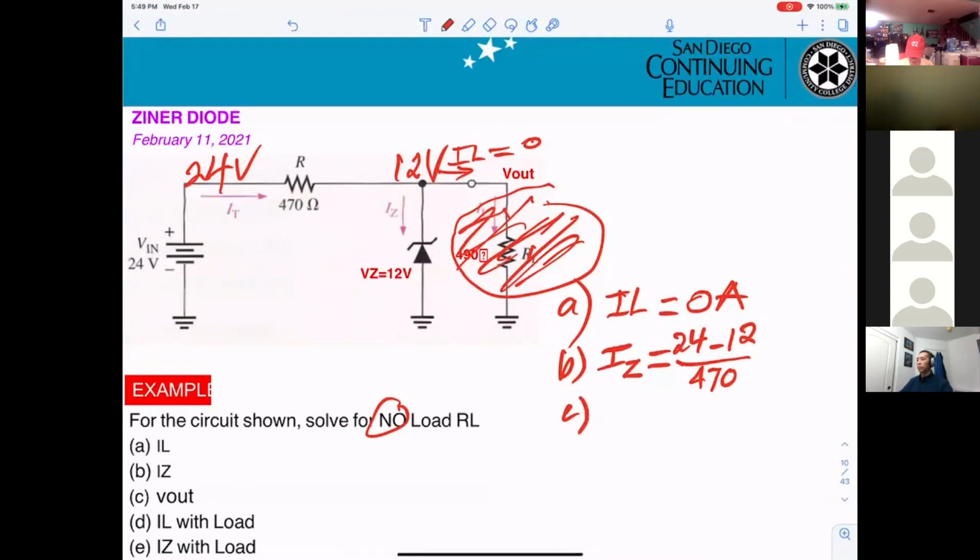And part C will be asking for V out. B is IZ. V out is 12, right? Okay, V out is 12, they equal the breakdown voltage.